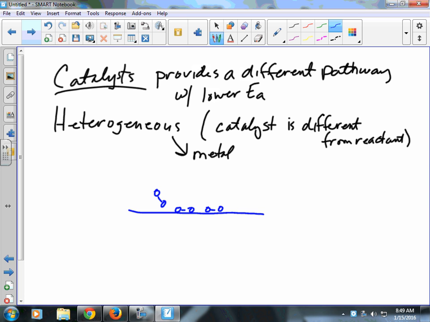They move around on the catalyst surface, they collide, they form product. When product forms, it leaves. Desorption. Okay. Zero order reactions usually require this.